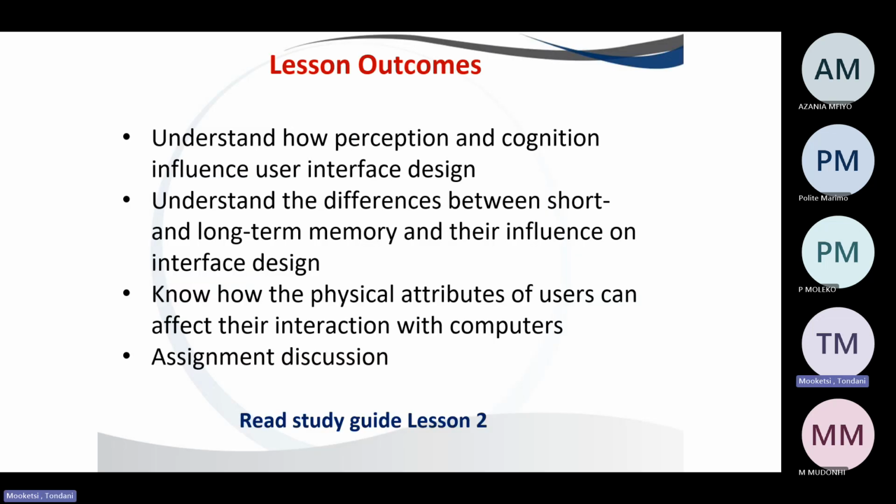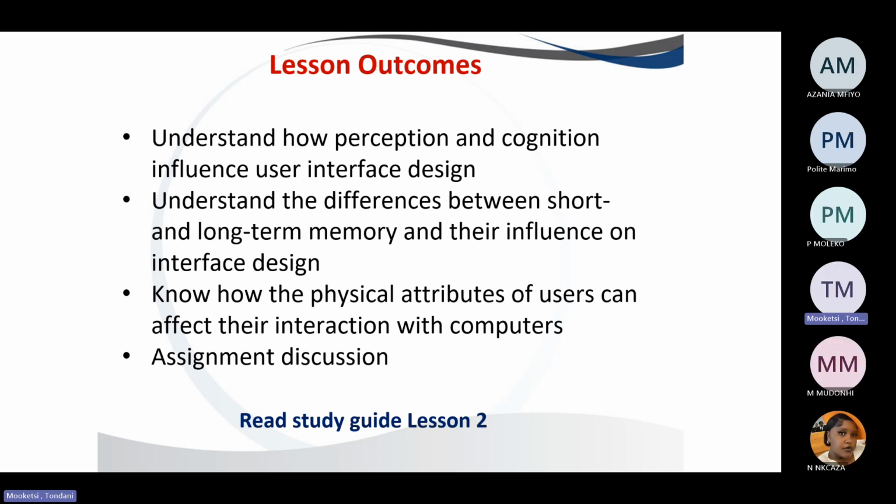So the outcomes for today's lesson is to understand how perception and cognition influence user interface design, understand the differences between short-term and long-term memory and how they influence interface design. We will also talk about the physical attributes of users that can affect how they interact with computers, and we will also discuss the assignments.